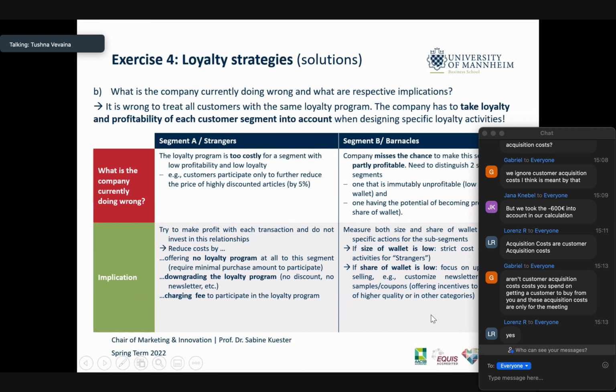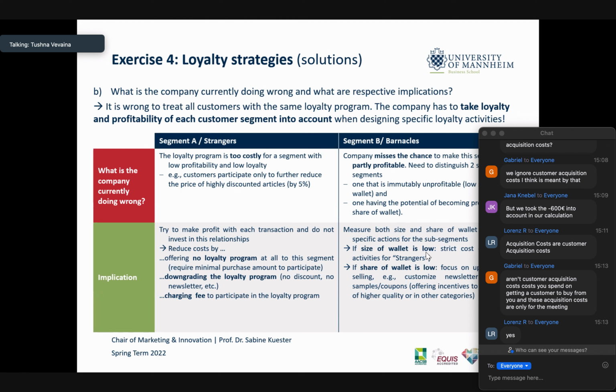But again, the incentives would change here. For example, these guys seem to be more price sensitive, but again, we can't just assume it. Maybe they are just thrifty customers, and that's why we say you measure their wallet size and then focus on cross-selling activities, wherein with this product you might need to purchase another product, and that's how you increase your sales with these customers. All right, thank you.